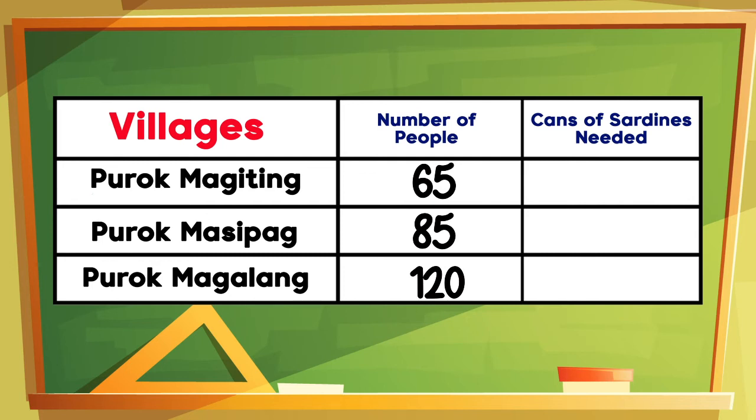Can you tell me how many cans of sardines are needed for each village? Fantastic! That's some great help you did there. Purok Magiting needs 325 cans of sardines. Purok Masipag needs 425 cans of sardines, while Purok Magalang needs 600 cans of sardines.